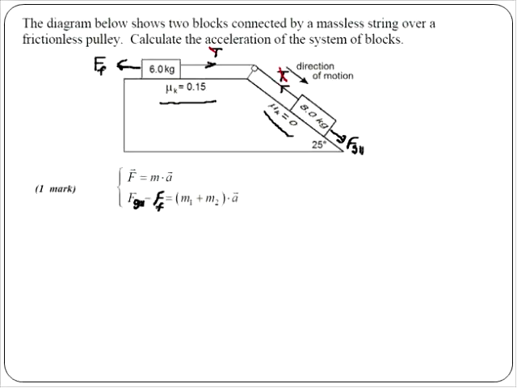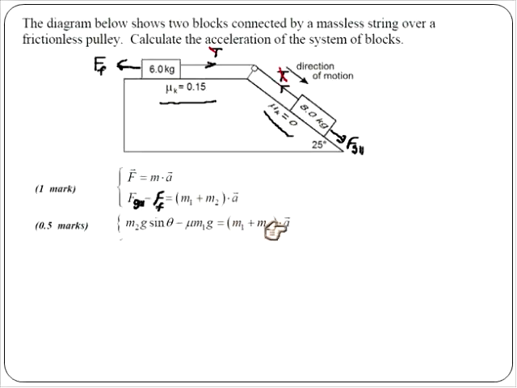Okay, the expressions for those, well, FG parallel is mass 2. Remember, the one on the right I always call number 2. So mass 2 times g times sine theta. And this guy up here, mass 1, is on a flat surface, so I don't need to include any angle. I just say mu m1g, mu mg, mu fn, right, for friction.